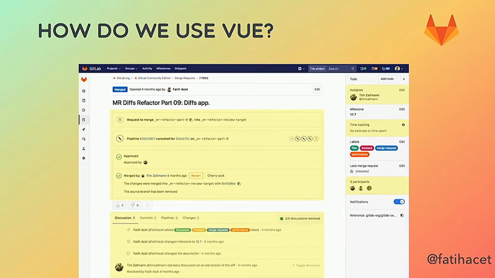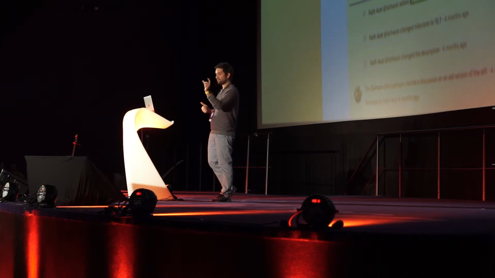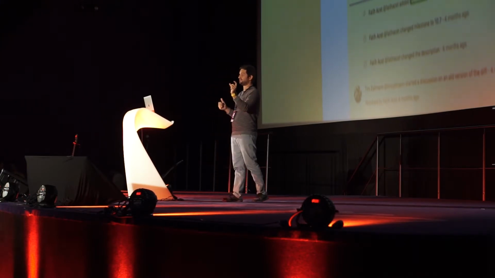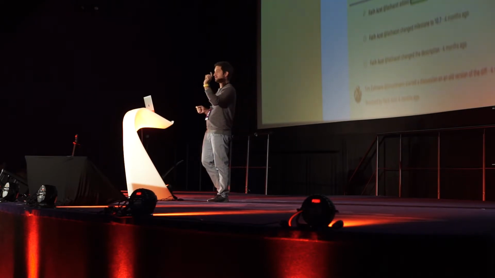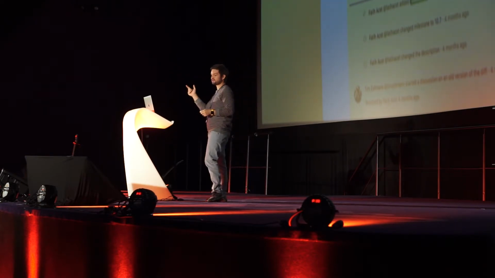So in this page, we have multiple Vue components, but the rest of the page is still HAML and jQuery stuff. How we do it is the server just renders an empty placeholder, which is a div with an ID, for example div ID merge request widget. And then we write the Vue component, which will take over that div and render itself there.